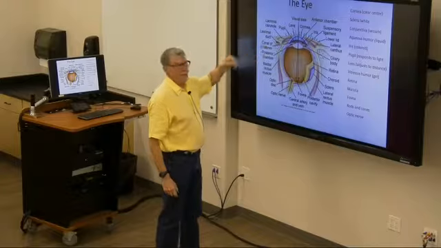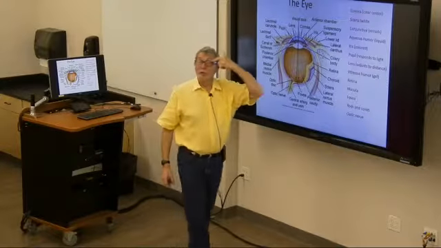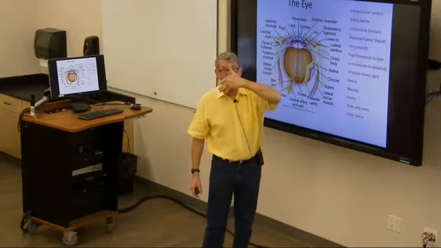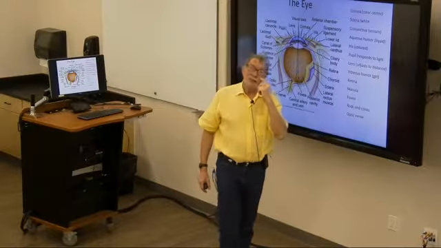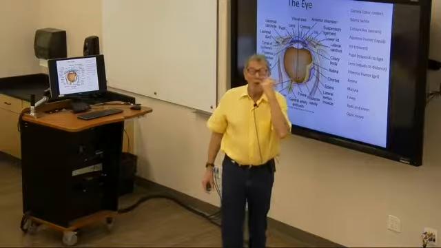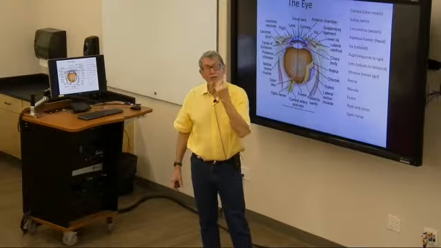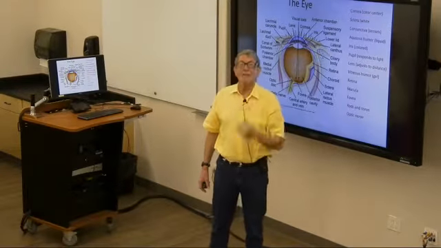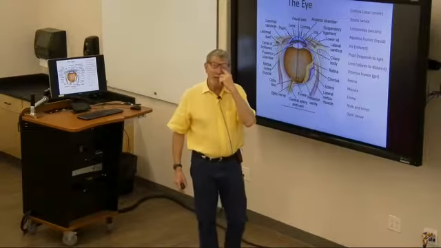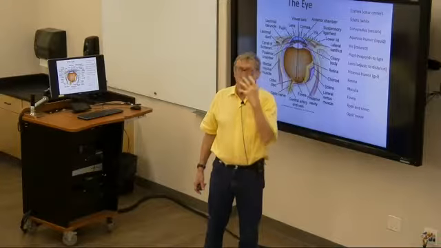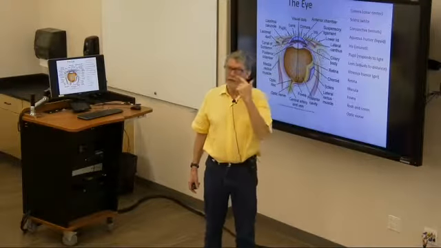Lacrimal duct over here to make tears. They're up about here. The tears wash down across your eye into the little lacrimal canal that takes the tears actually into your sinus passages. If that gets blocked, you can have a swelling of the eye.